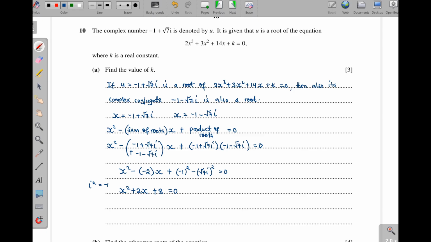So if this one is a factor, and this one is a factor, then that means their product, the quadratic factor that is coming from these two, is also a factor. Now that means the remainder has to be 0. So I'm going to use long division here. When I use the long division, then it will help me to get the remainder. Then I get that remainder and I equate it to 0.